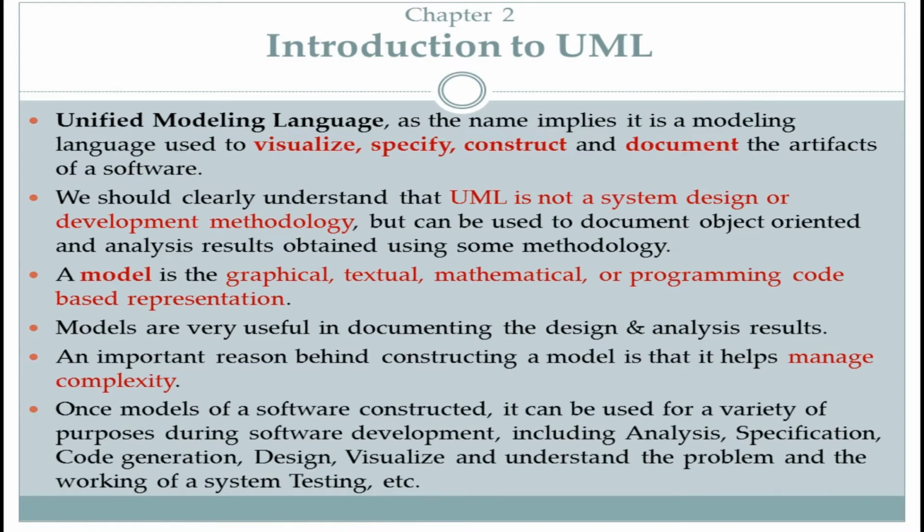Once a model of a software is constructed, it can be used for a variety of purposes during software development, like analysis, specification, code generation, design, visualizing and understanding the problem and working of a system, and testing.